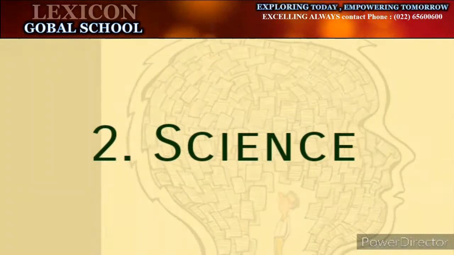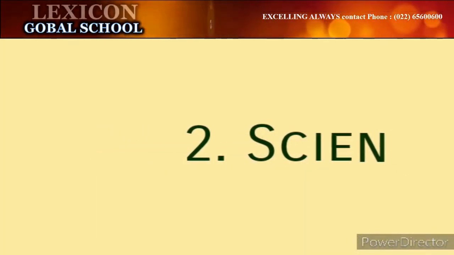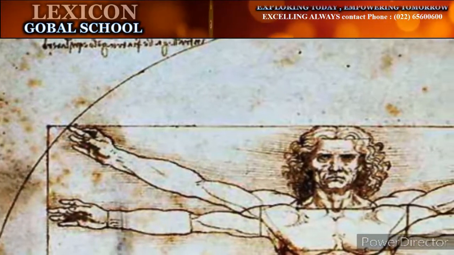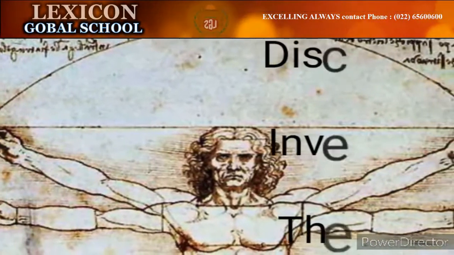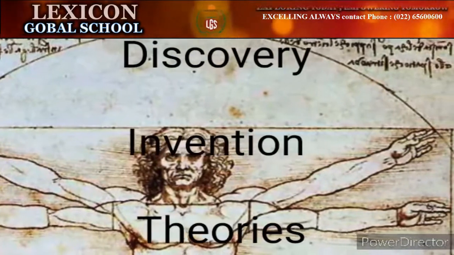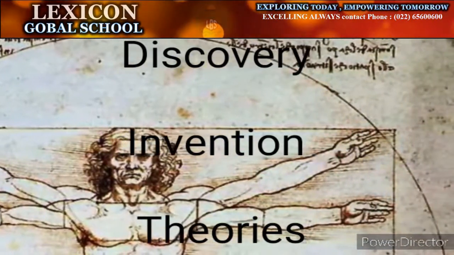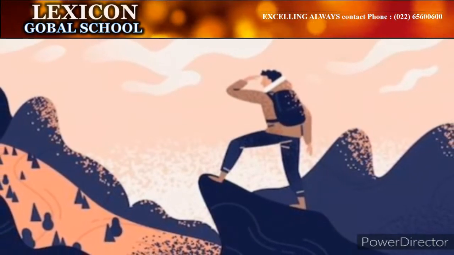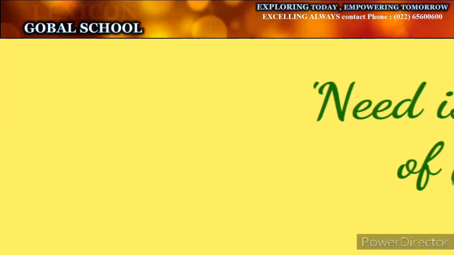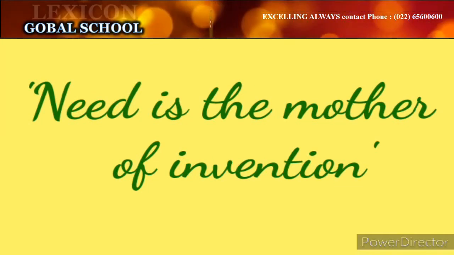Second is science. History of science helps in understanding the chronological order of scientific discoveries, inventions, and theories. It can also help us in understanding the cause-effect chain of those discoveries and inventions. It is said, need is the mother of invention.